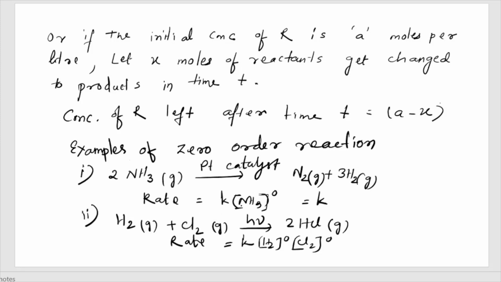So the molar concentration of ammonia to the power 0 is 1, so rate equal to K. Similarly, H2 plus Cl2: here also you can see rate is K[H2]0[Cl2]0, so again you find the value is K. So this is simply a zero order reaction.